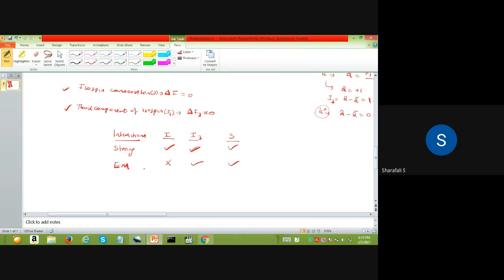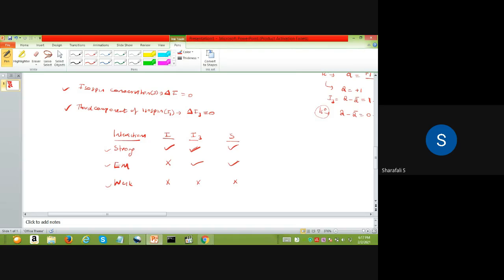And when you consider weak interaction, I will not be conserved, I3 will not be conserved, and strangeness will not be conserved. So depending on these conservations, we can distinguish which kind of interaction it is, and also if you have a gamma particle, it is directly electromagnetic.